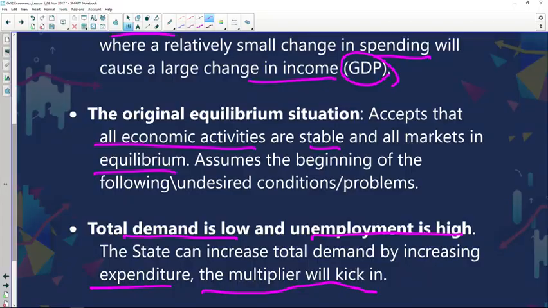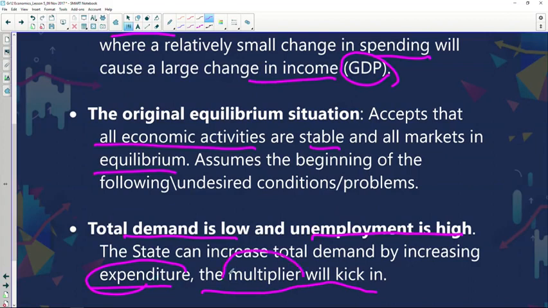Hence, I like the term we used here, to stimulate, because with this strategy they are stimulating economic activity by increasing expenditure, so that there can be more economic activity.